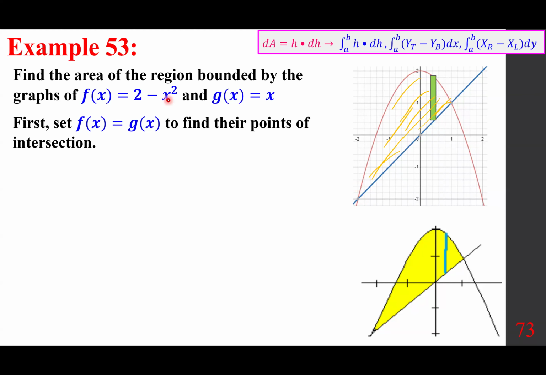So we're going to set f of x equals g of x. Since we want to solve a quadratic equation, we're going to take everything to the right to make sure this is positive. We can factor it into x plus 2 times x minus 1. So there are two answers, negative 2 and positive 1.